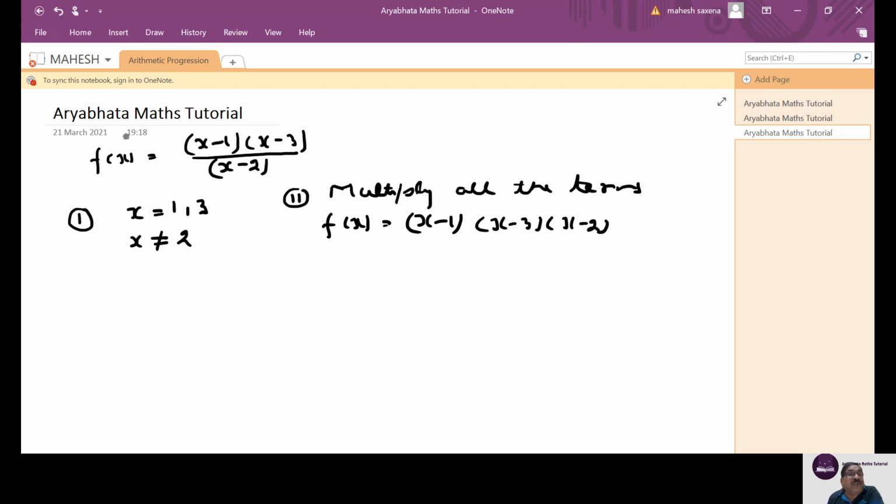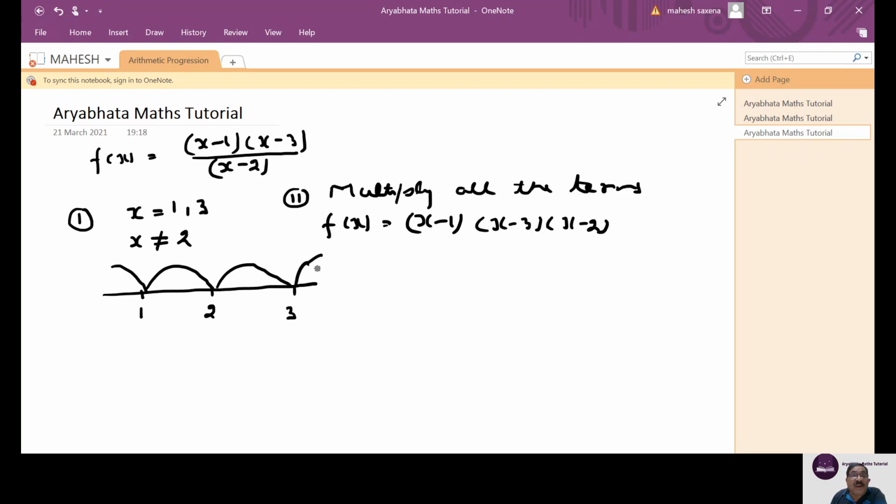Now instead of this function, we will check this function. Now on a real line, take this at x equal to 1, this at x equal to 2, this at x equal to 3. Now join these as advised in the session 7.